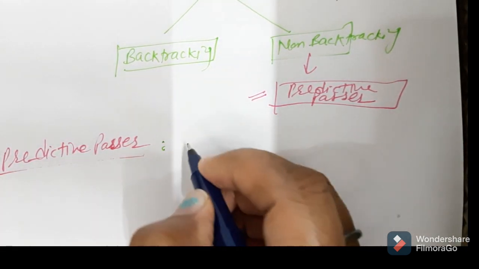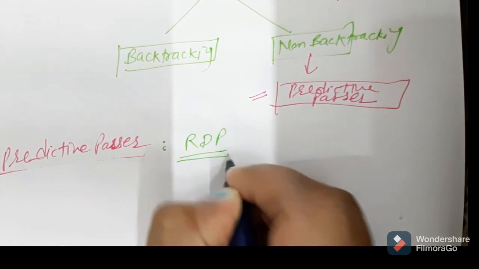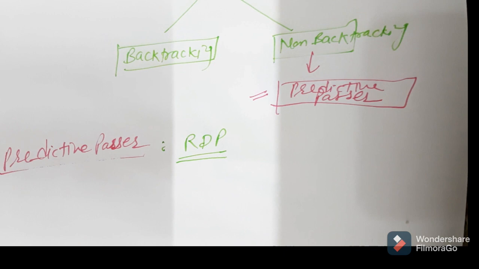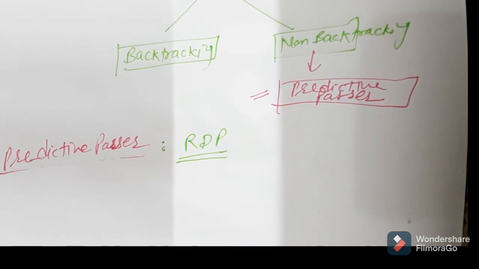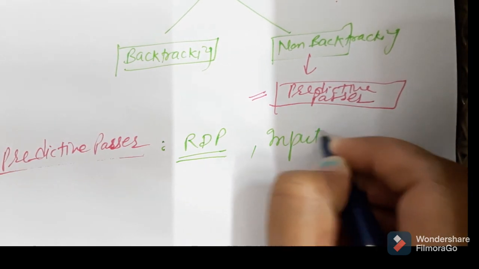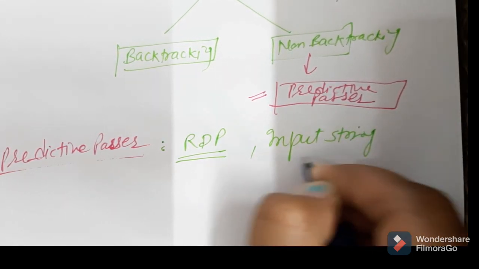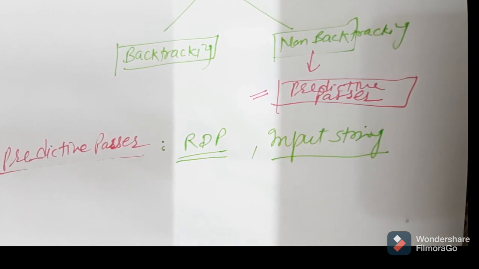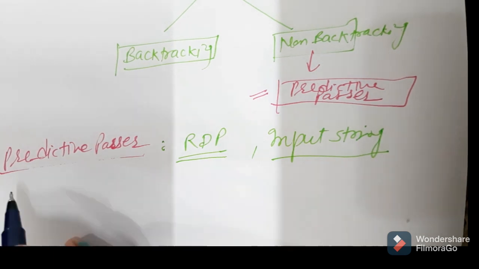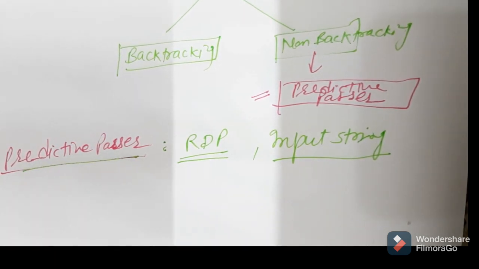Predictive parser, as we know, is a recursive descent parser. This type of parser has the capability to predict which production is to be used to replace the input string, because input is given to us, and on the basis of the input string, this parser takes the decision which production has to be used, so that the string can be parsed easily. Here we follow leftmost derivation, and input is read from left to right.